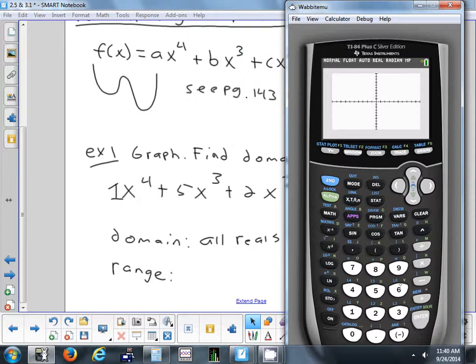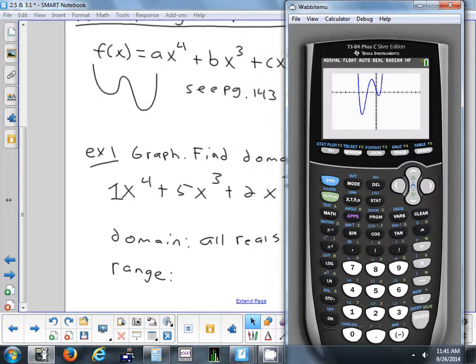And standard window, I think, is okay. Well, not quite. We got to set the y max or y min a little bit lower. So put your y min on negative 20. Okay, there's my fourth degree shape.